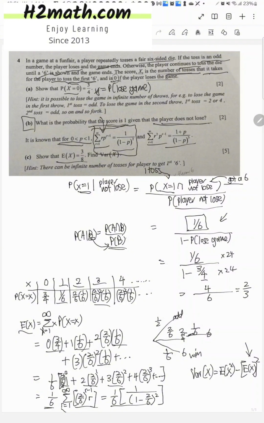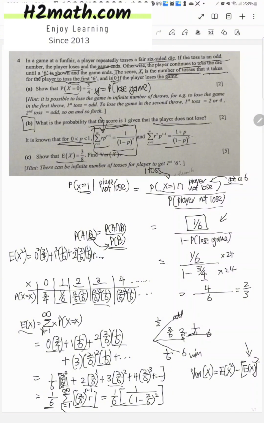Expectation of x squared is just equal to, instead of 0 multiplied by 3 over 4, 0 squared times 3 over 4, plus 1 squared times 1 over 6, plus 2 squared times the probability, which is 2 over 6 times 1 over 6, and so on and so forth. And it goes on forever.